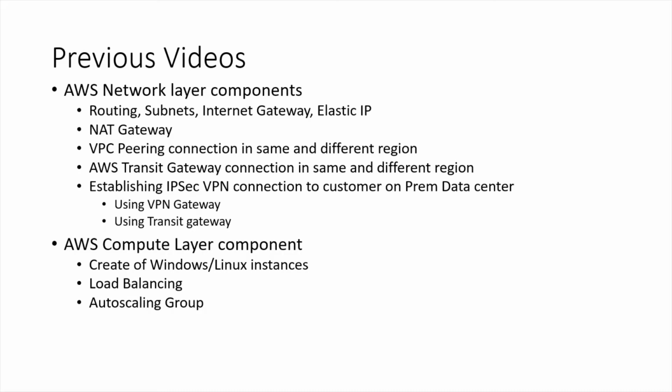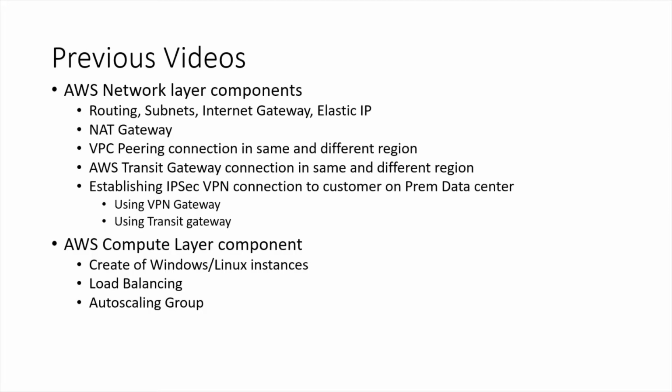These are really advanced concepts, and you can try these. Also, I have created videos for establishing IPsec secure VPN connection from AWS Cloud to on-premise data center. So I have created videos using VPN Gateway and Transit Gateway.